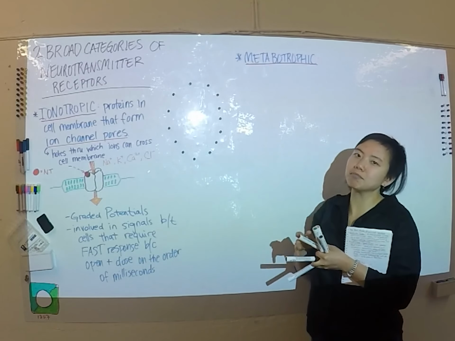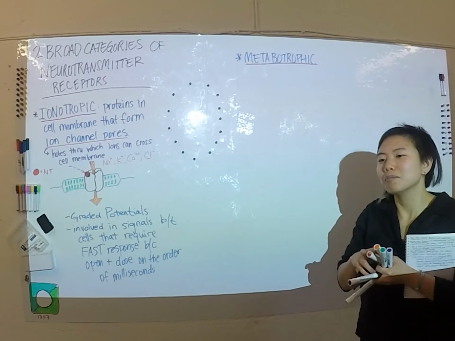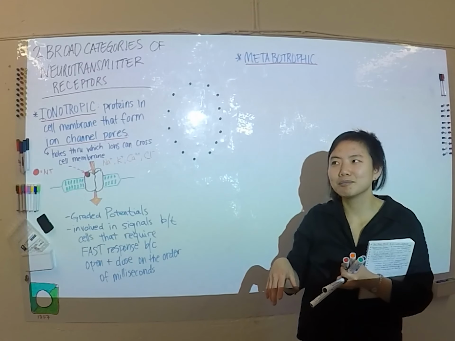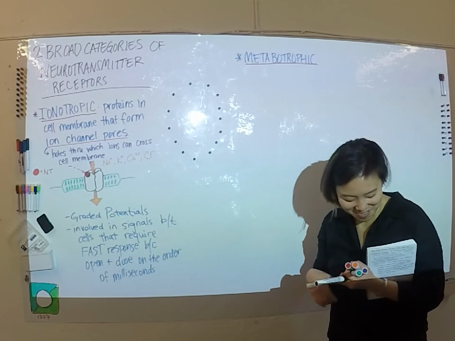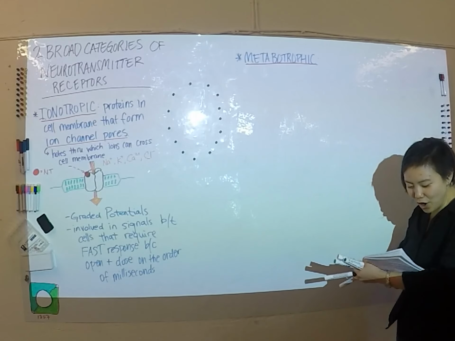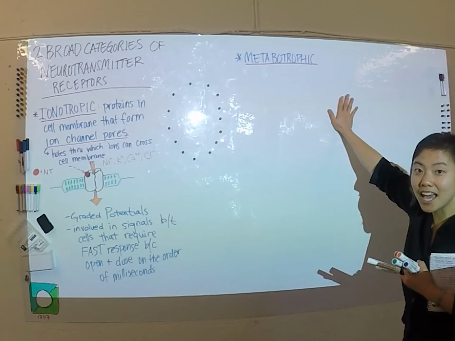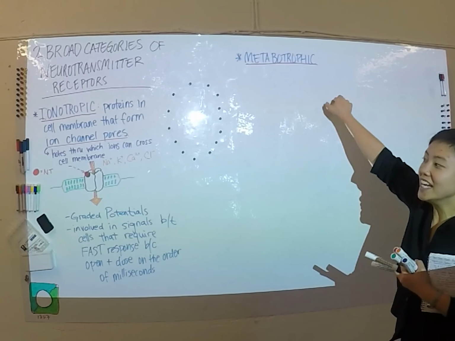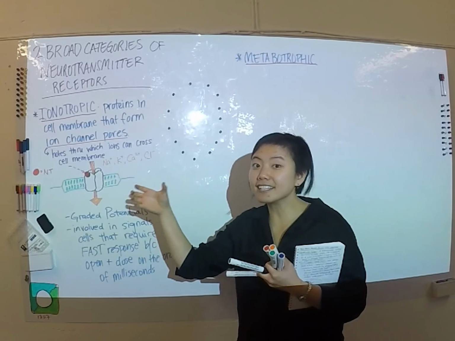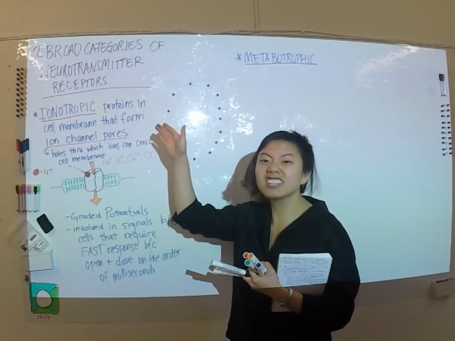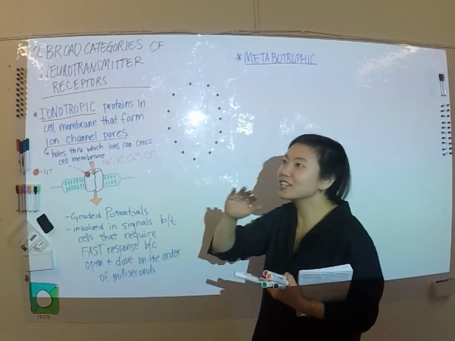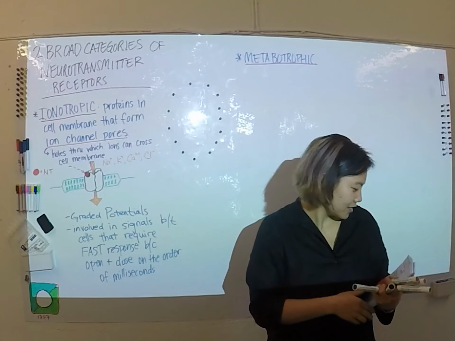Sometimes people pronounce it differently. Okay, anyways. So, in the case of a metabotropic receptor, instead of physically opening a hole to let something in and out, they do something really different.